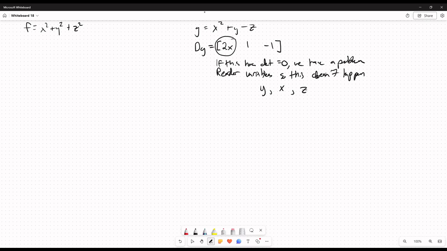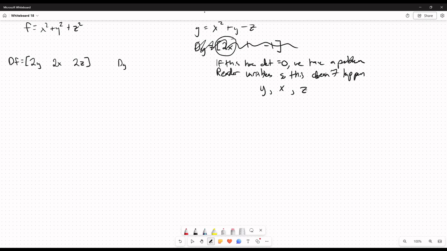So now we need to think about our matrix of partial derivatives a little bit differently. We're going to change both df and dg a little bit. Now we're going to live in a universe where y comes before x, so we're going to start with the partial with respect to y, and the partial with respect to x, then the partial with respect to z.